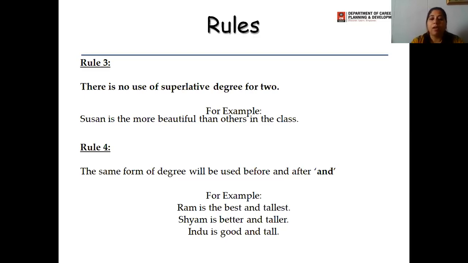We cannot say Ram is better and tallest. That is a wrong sentence. Similarly, if you are using the comparative degree: Sham is better and taller. Both degrees are the same. And Indo is good and tall. This is again the same. So remember, whenever we are using the conjunction "and", we have to follow a particular degree of comparison before and after "and".